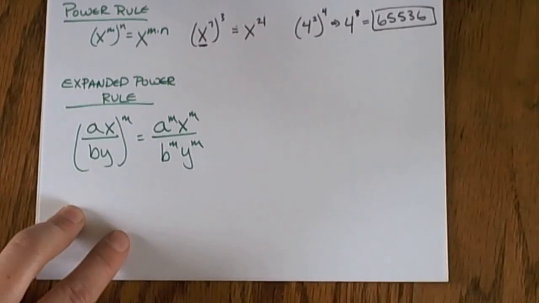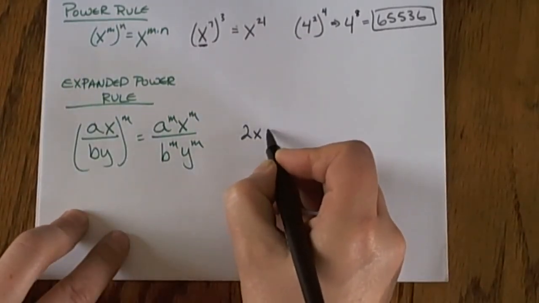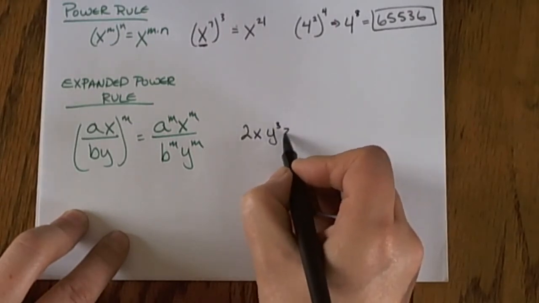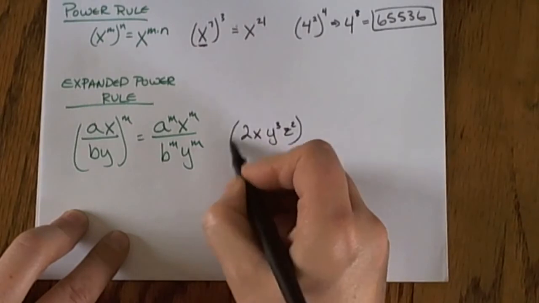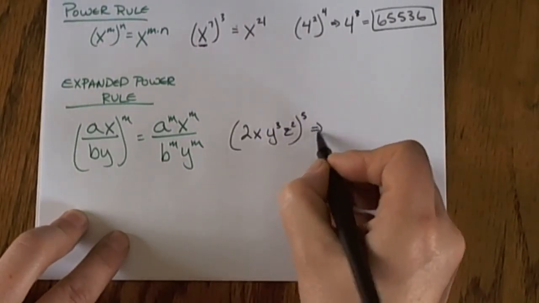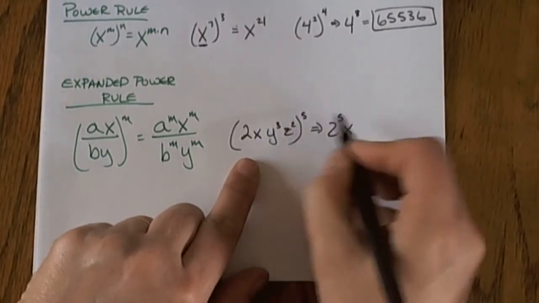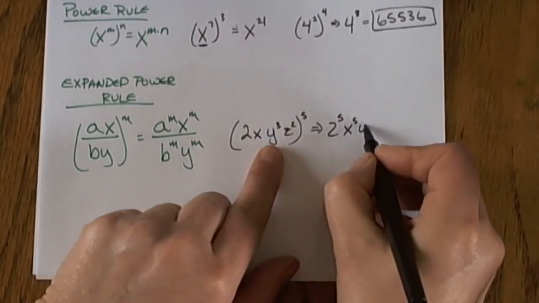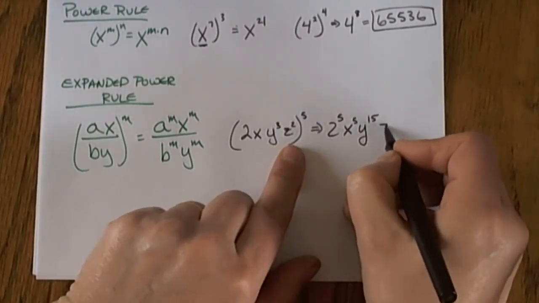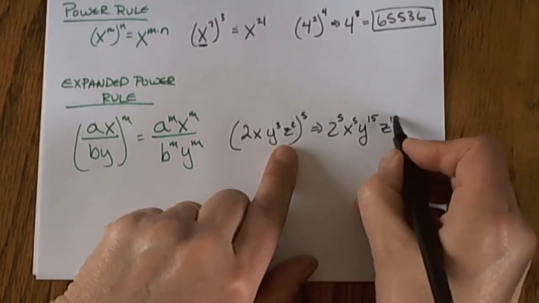For example, if I had 2x y cubed z squared, and I took that all to the 5th power, that would be the same as 2 to the 5th, x to the 1 times 5, x to the 5th, y to the 3 times 5, y to the 15th, and z to the 2 times 5, z to the 10th.